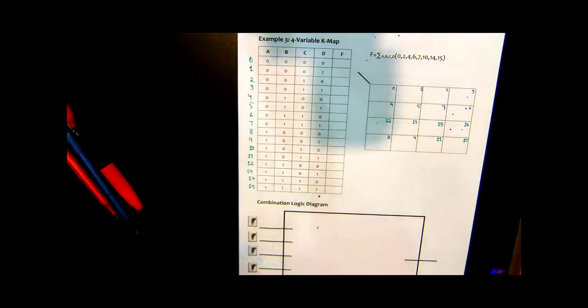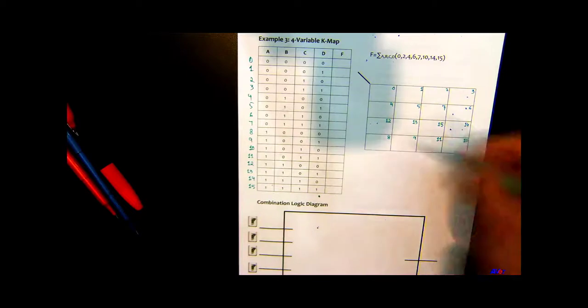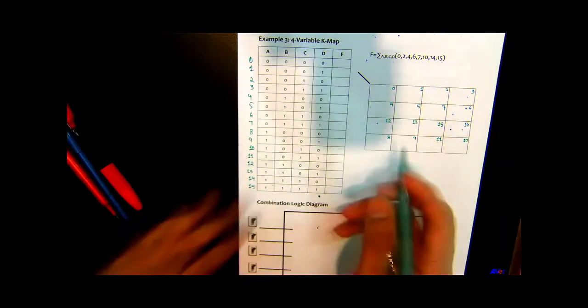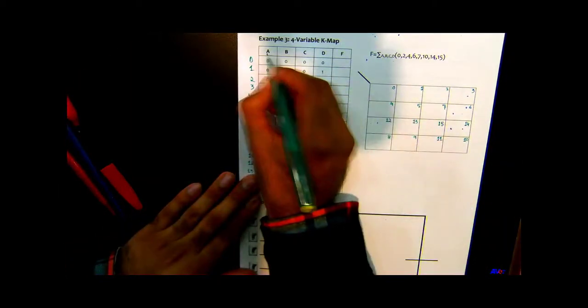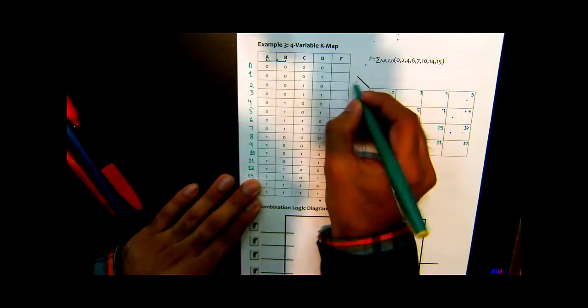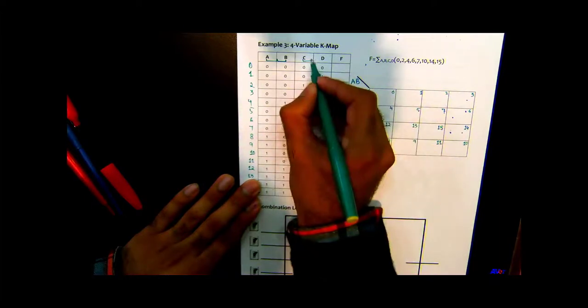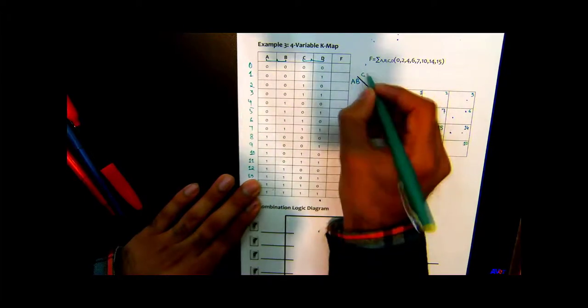If you create a 4-bit gray code, you should be able to follow the sequence, and it will make this kind of arrangement in the cells. Your two most significant bits, A and B, are going to be on the y-axis, and the two least significant bits are going to be on the x-axis.